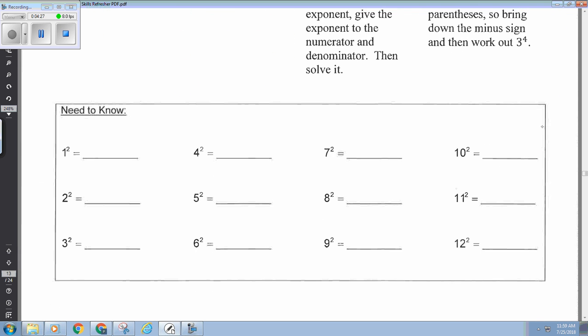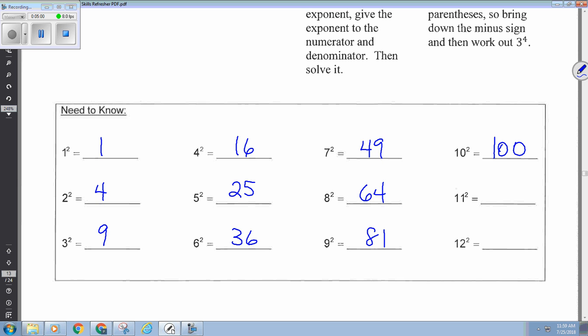Notice that I have a need-to-know box for you. You should, at this particular point, know the first 12 what are known as perfect squares. If you don't know them, take the time and actually learn them and commit them to memory. 1 squared is 1, 2 squared is 4, 3 squared is 9, 16, 25, 36, 49, 64, 81, 100, 121, and 144.